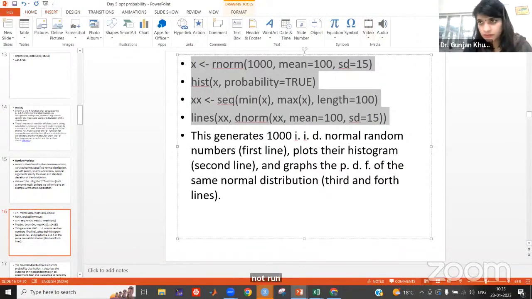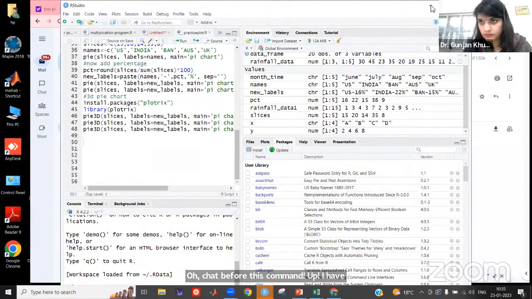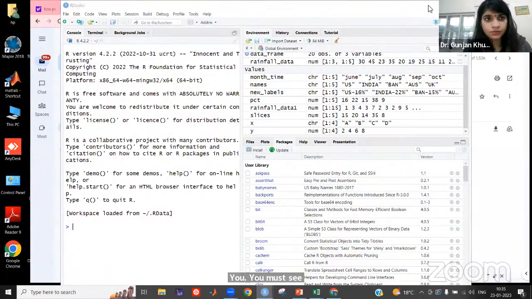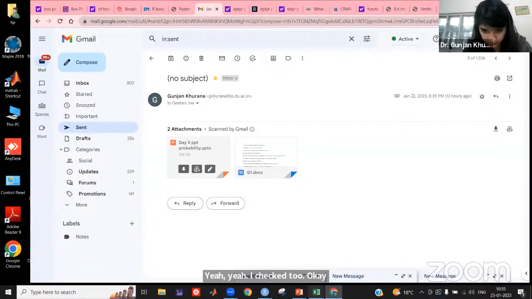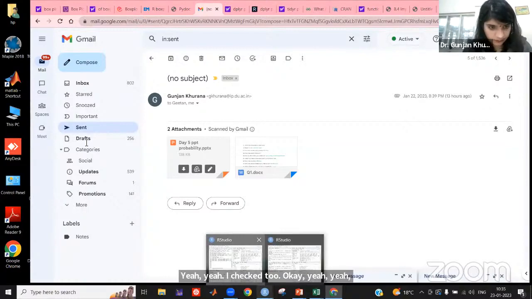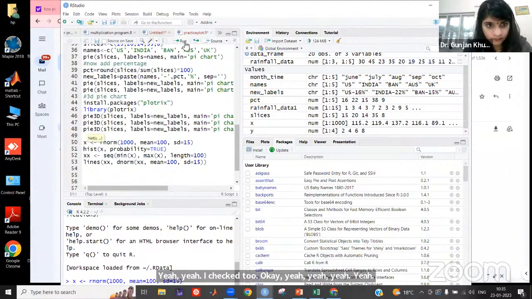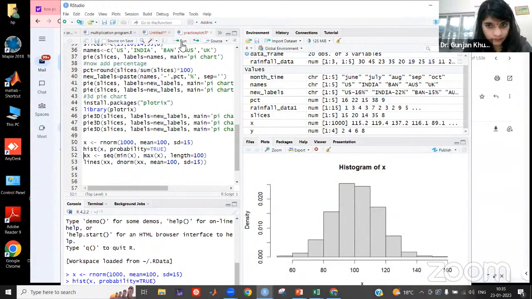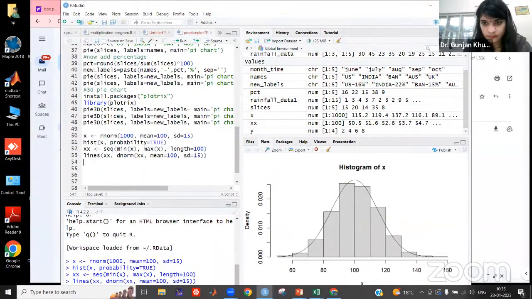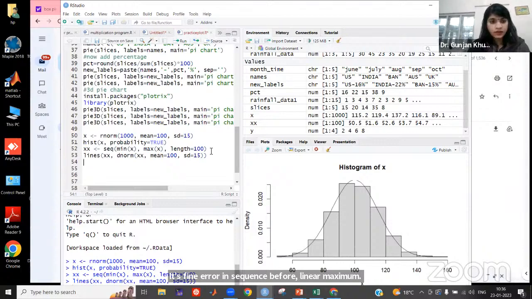Before this command, I have to again write X. Error in sequence default, minimum x, maximum x, comma, length is equal to 100, object x not found. Can you send the pic of the code?